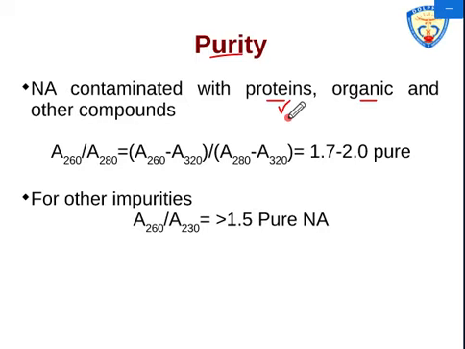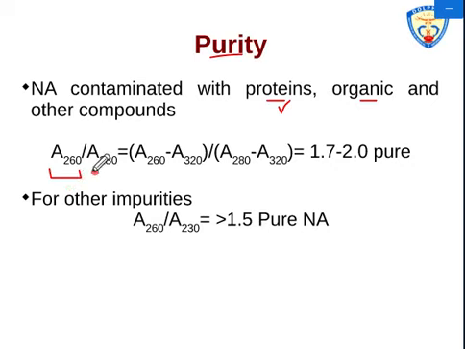So how to check whether your DNA or RNA sample is pure or contaminated with proteins? We can use the property of absorption. To find out the purity, we check the absorption at 260 nanometers. That is a property of nitrogenous bases. They give us maximum absorption at 260 nanometers.